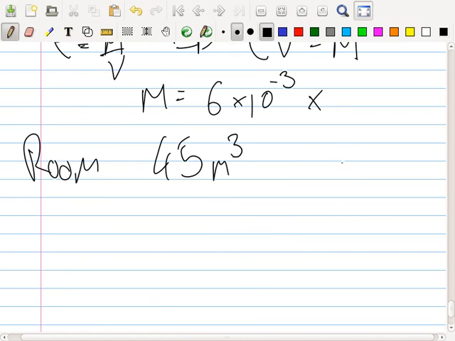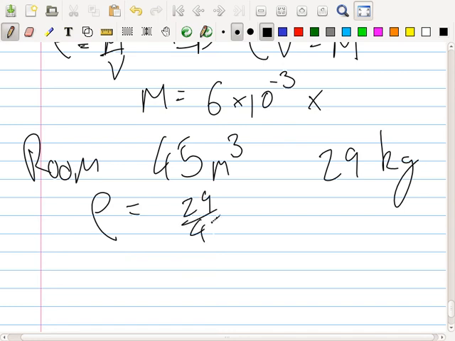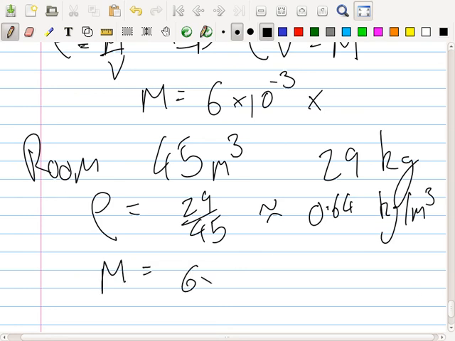And what was the mass? 29 kg. So the density would equal mass over volume. So it's going to be roughly a half. 0.64 kg per meter cubed. Good.